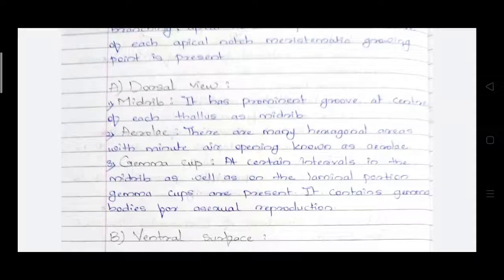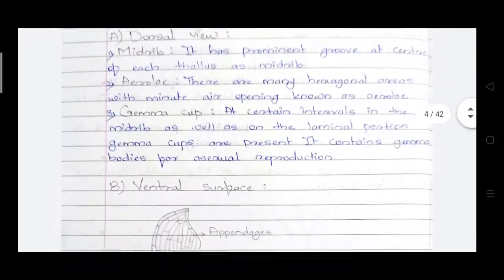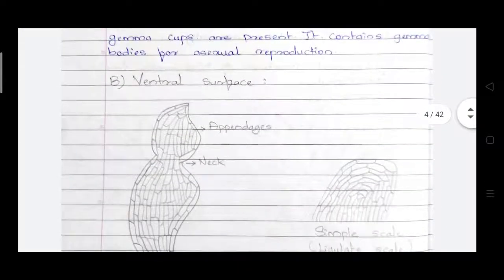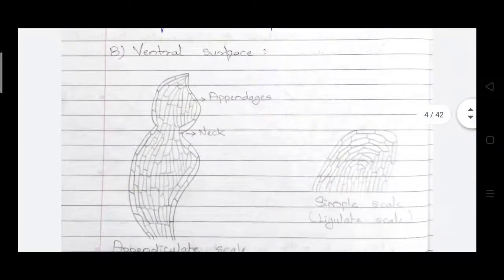So gemma cup-like structures are present on the dorsal side after some intervals, and they will be helpful for asexual reproduction.